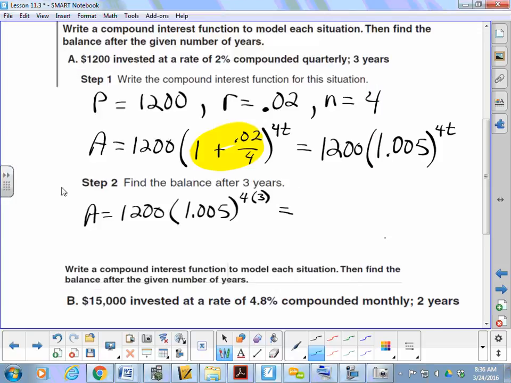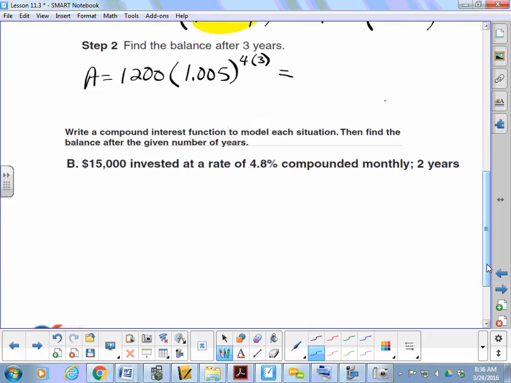Okay, all right. Letter B. We have $15,000 invested at a rate of 4.8% compounded monthly for 2 years. Now, whenever we throw a decimal in there for the interest rate, it seems to throw people for a loop. Don't let that be you. Nothing changes.